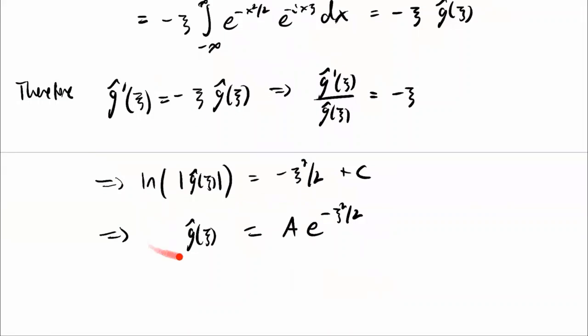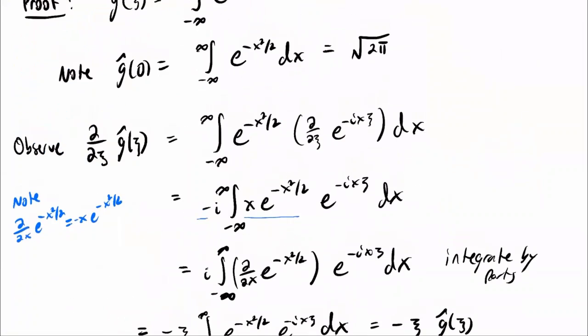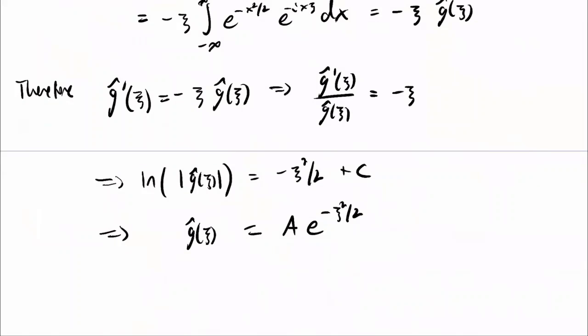Well, in this case, we end up with the following solution. We don't know what the constant a is immediately. In order to find this a, you need some initial condition, right? Well, we have our initial condition right up here. When c is equal to 0, this has to equal root 2 pi. So we know that square root of 2 pi is equal to g hat of 0.